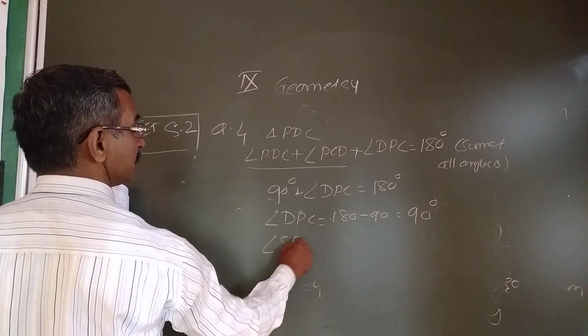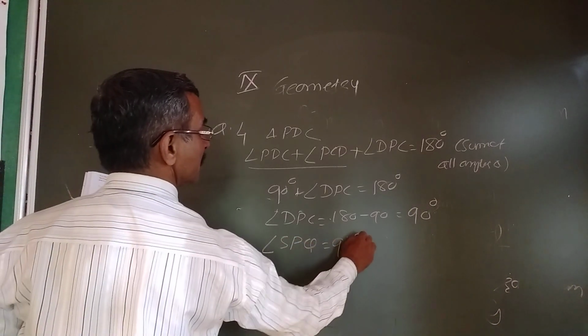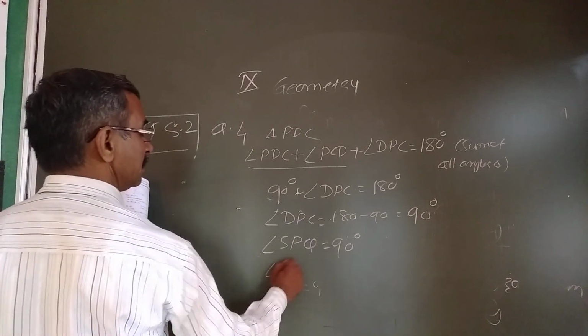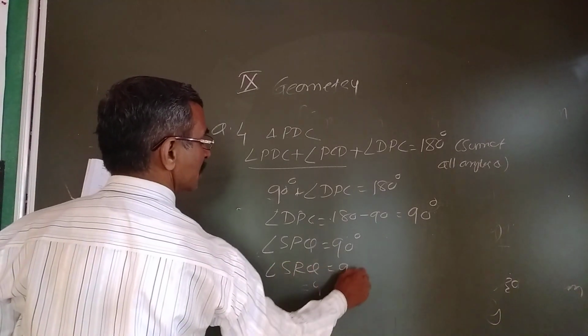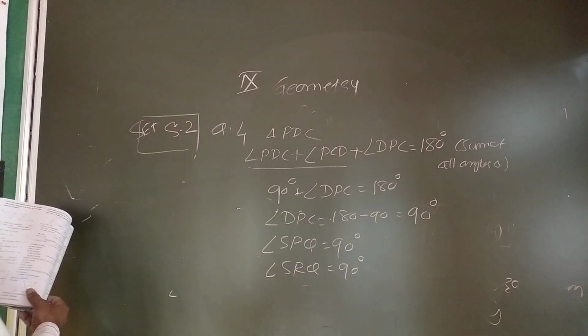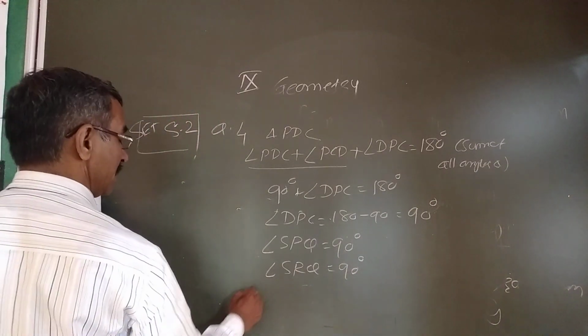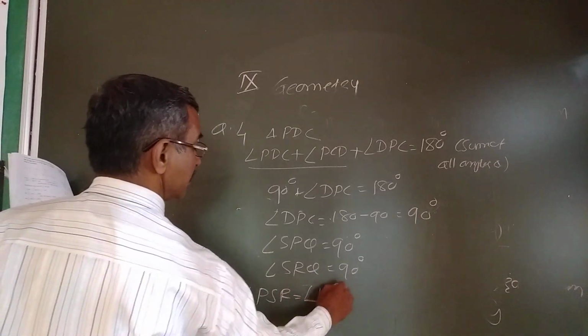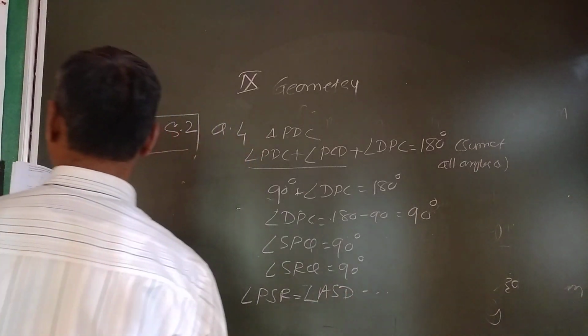Similarly, we show that angle CPQ is also 90 degrees. Similarly, SRQ is also 90 degrees. Then angle PSR is equal to angle ASD. What is the reason?